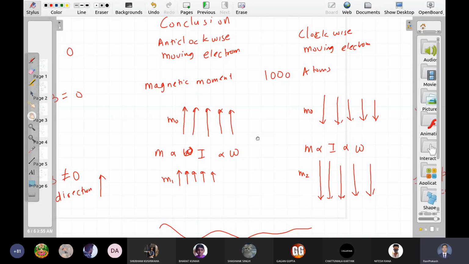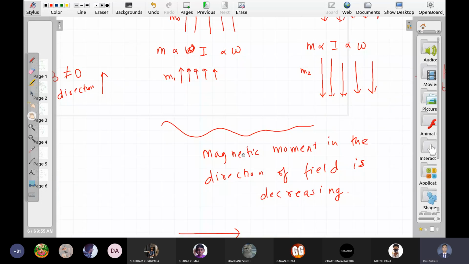It means all materials are diamagnetic in some sense. Yes, in some cases this effect is more prominent. In some materials, other effects are dominant over diamagnetic. For example, if we take wood, it has only a diamagnetic effect.